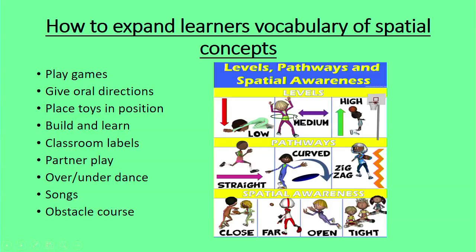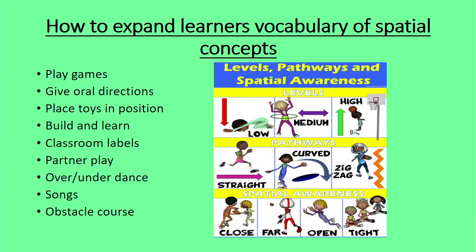I put the low in the middle, meaning it's medium high, run straight, run curve, run zigzag, come close, go far, open your hands, go tight. So those are the games that I can play to help my learner with the vocabulary in spatial awareness.